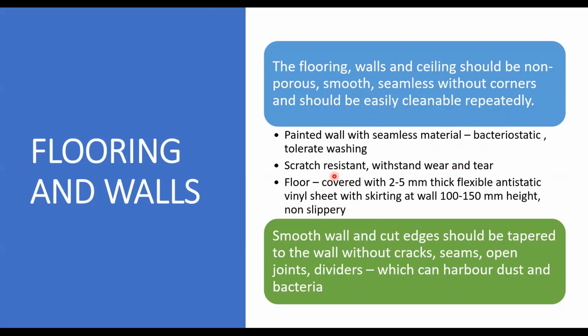It must be stretch resistant and withstand wear and tear. The floor is covered with anti-static vinyl sheet. We can see our OT is covered with this. And the edge of the wall should be tapered. There shouldn't be any crack or open joint which can harbor dust or bacteria.